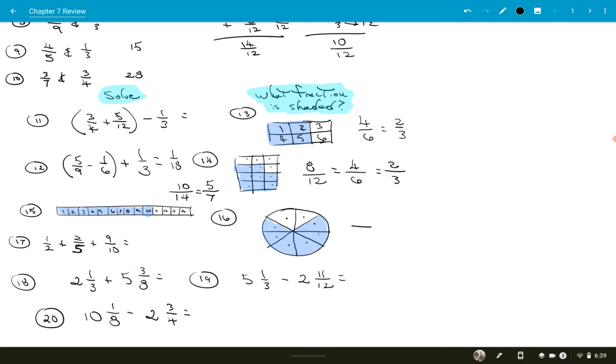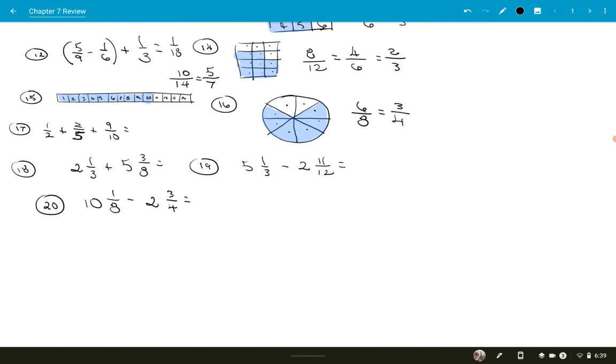So it's going to be something over 8. How many are shaded? Looks like 1, 2, 3, 4, 5, 6. 6 eighths are shaded. That can be reduced. How many times does 2 go into 6? 3 times. How many times does 2 go into 8? 4 times. All right.